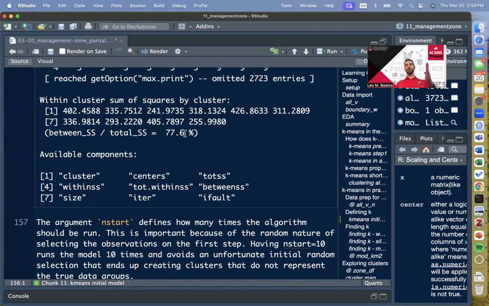So k equals 1 is not helpful. K equals 4,060 something is not helpful. What is the number that we need? How do we determine what's the best number of k? Well, there is a way for that. There's a few different ways to determine the best, or maybe more than a few, but we're going to be focusing on a few of them on how to determine the best k for our data set.